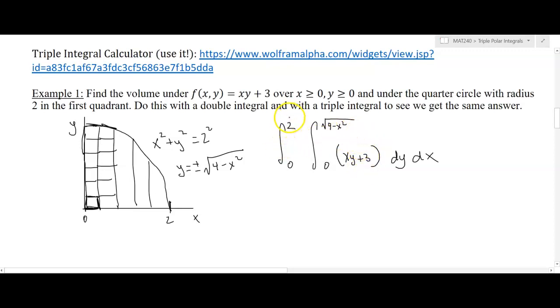To do this with a triple integral, we would do the same thing, except rather than have our function inside of here, we would now let our two outer integrals be dy and dx. So I'll still make myself a little bit of space here, dy dx, but then in the middle I'll have dz.